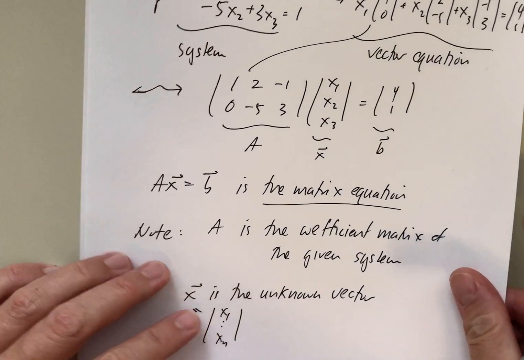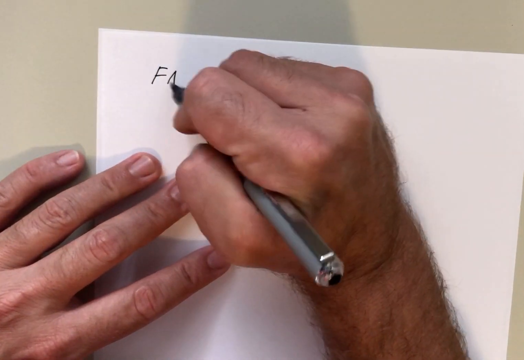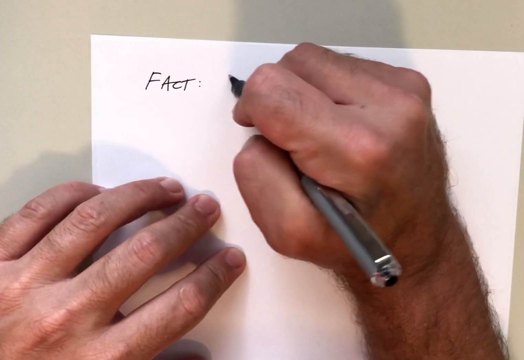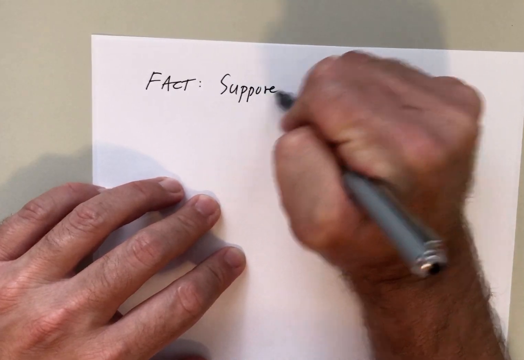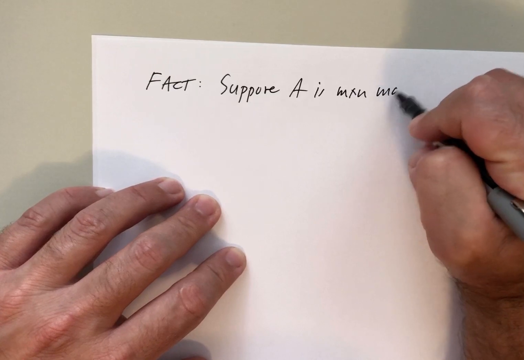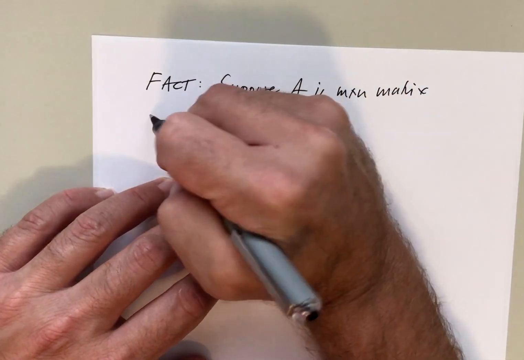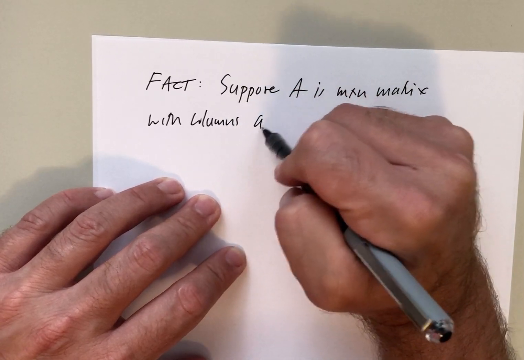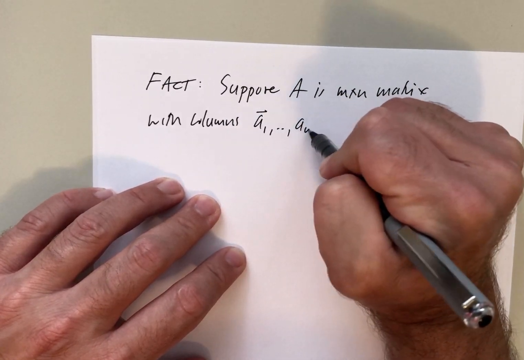Okay, and so let me just repeat myself with the general fact here. This is an important fact for this lecture, that these 3 things I just talked about are all related in the usual way. So let me set up some notation. Suppose A is an m by n matrix with columns A1 through An.